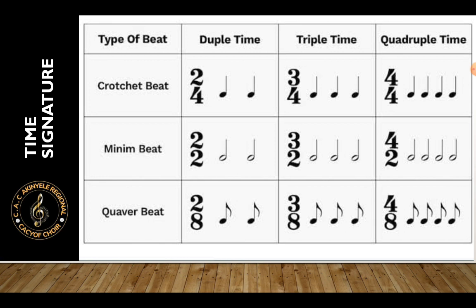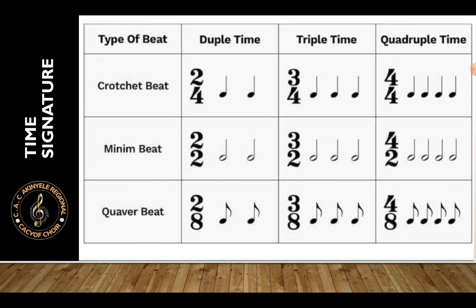So 4 representing crochets: 2 crochets in a bar, 3 crochets in a bar, 4 crochets in a bar. That doesn't mean that you have crochets represented directly like this. You can have 8 quavers, and that amounts to 4 crochets also.